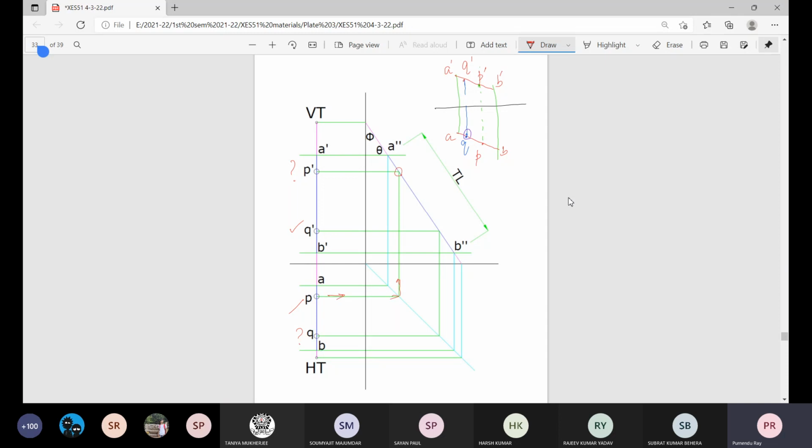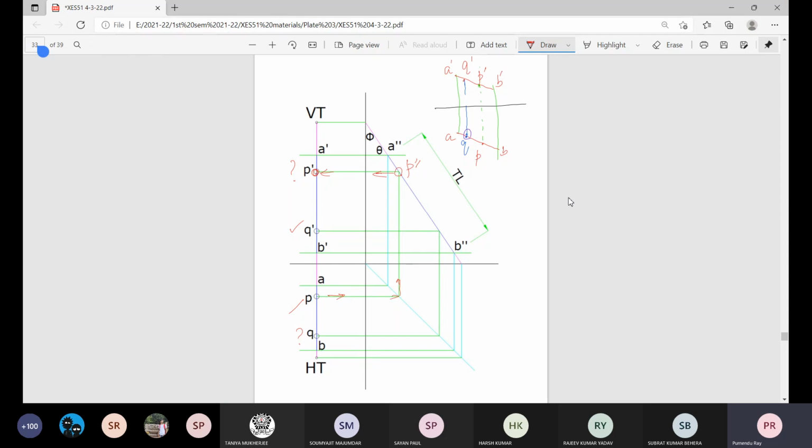So definitely it will be the side view of point P, P double dash, and its elevation will be at that same level and on the elevation line. So draw a horizontal line to reach up to the elevation, and now this is done. So this will be the elevation of P.